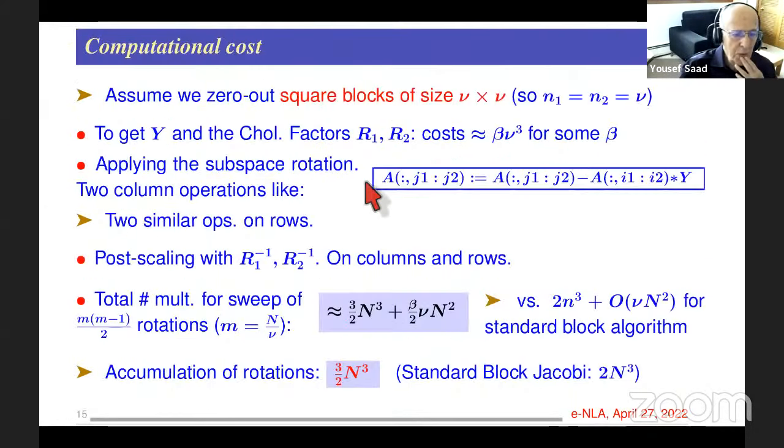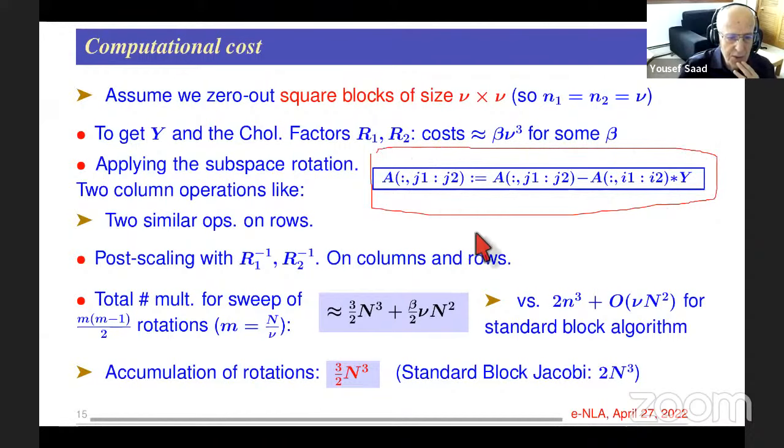Okay. So the computational cost, by the way, I want to mention something here for those of you who are interested in GPUs. Most of the work is of this type. The most important part of the work is to update columns in this form, and the Y is the matrix I just talked about.